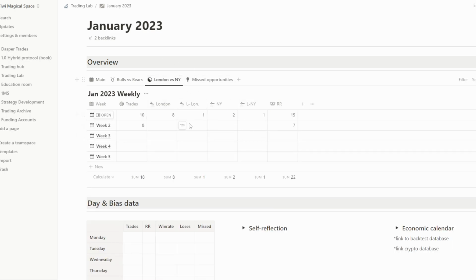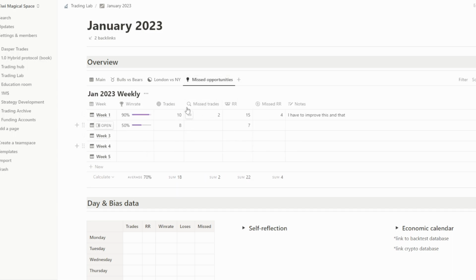Also in here, what I like to do is track how many trades I took during the London session and the New York session, what risk-reward ratio I eventually got, and how many losses I took in London and New York. Typically I'm mostly trading London, so London will be my most dominant. And if I see that maybe January gave me a lot of bad New York trades, maybe I'm just not going to trade January New York sessions, stuff like that.